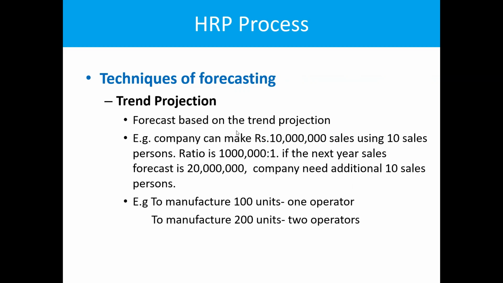So likewise, this kind of prediction can be done. To manufacture 100 units, 1 operator is needed. Another example, to manufacture 200 units, then 1 more operator is needed. So altogether 2 people will be needed. So likewise, we can use this type of predictions. There are so many other predictions, but basically we can discuss these things.